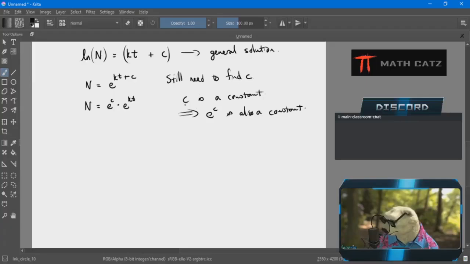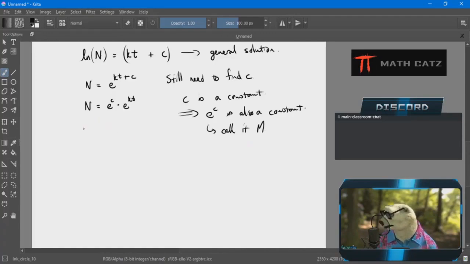So whether I try and find a value for c or e to the c, it doesn't really matter as long as I find one of them. So just so it's a little bit nicer, let's call it m or something.